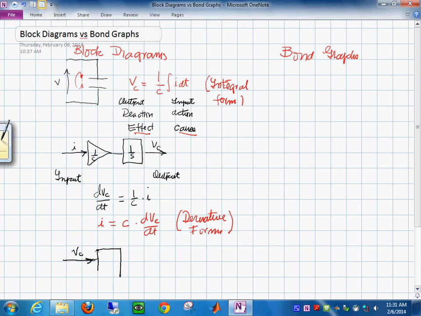This in here you are going to differentiate, and then you multiply this by C, and out of this comes I. See?